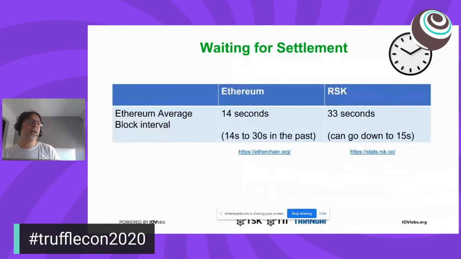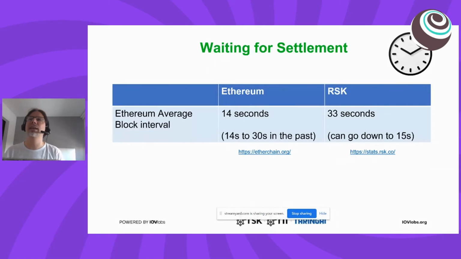So the first thing that a user will perceive from RSK is the different average block interval. In the case of Ethereum, it's 14 seconds. In the case of RSK, it's 33 seconds.